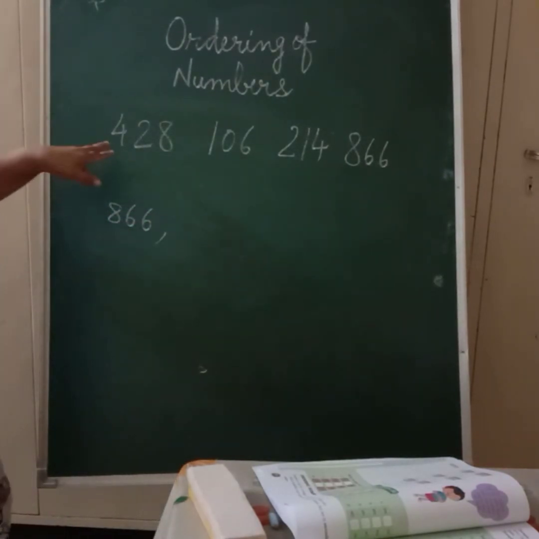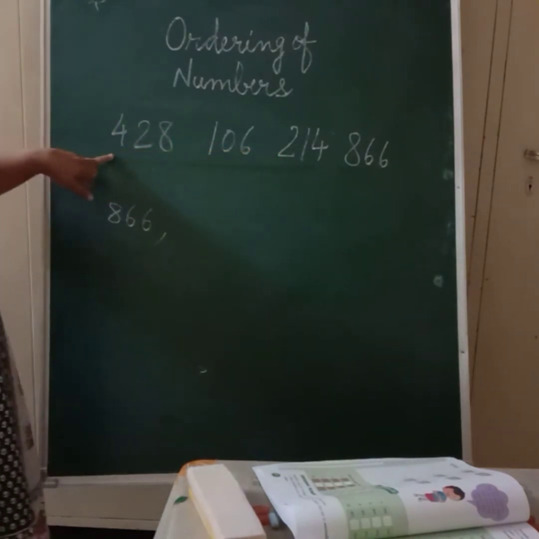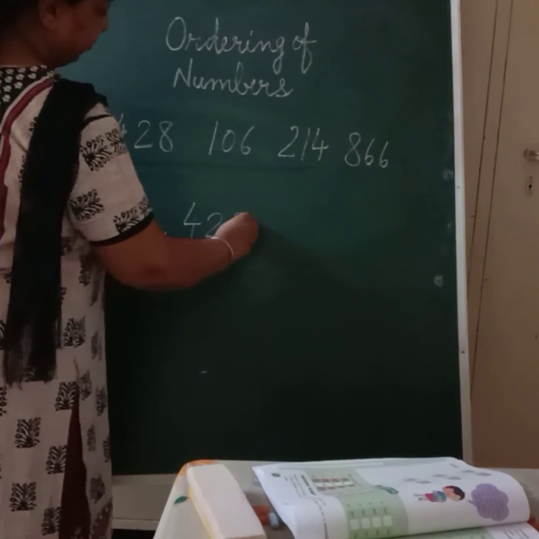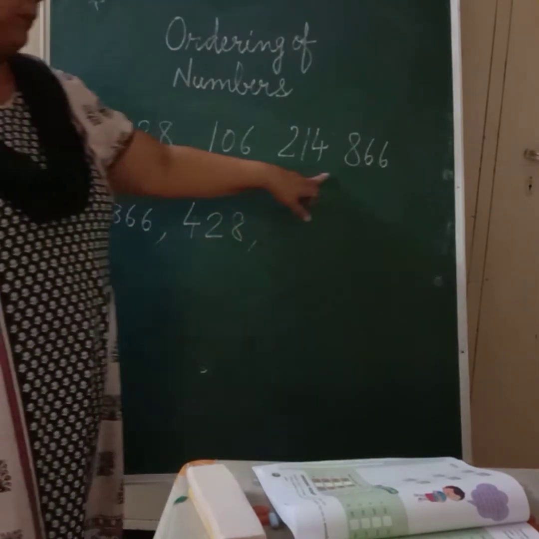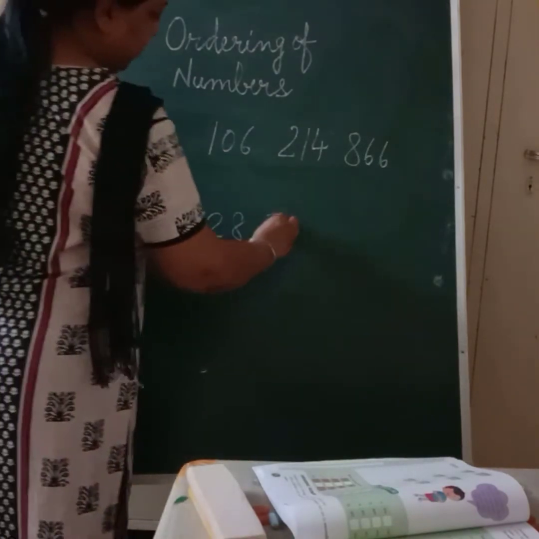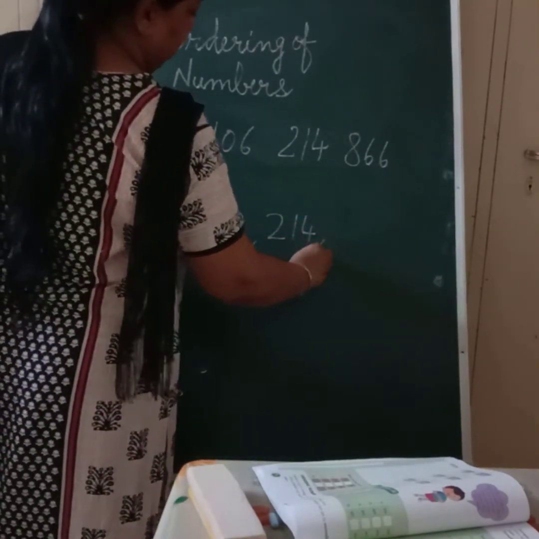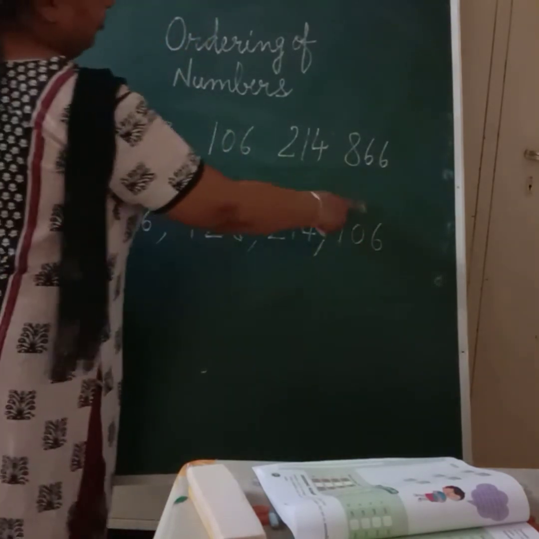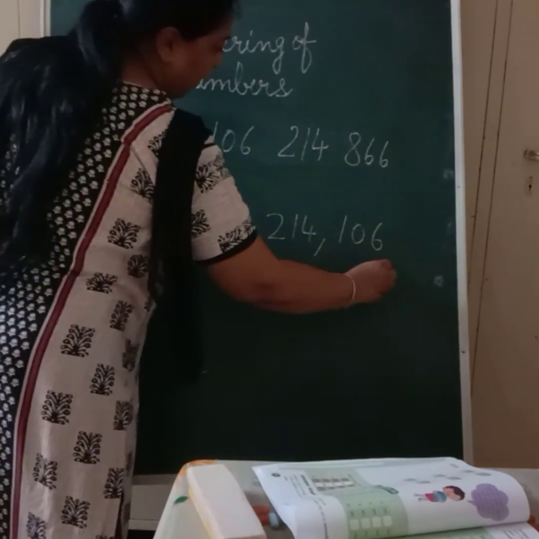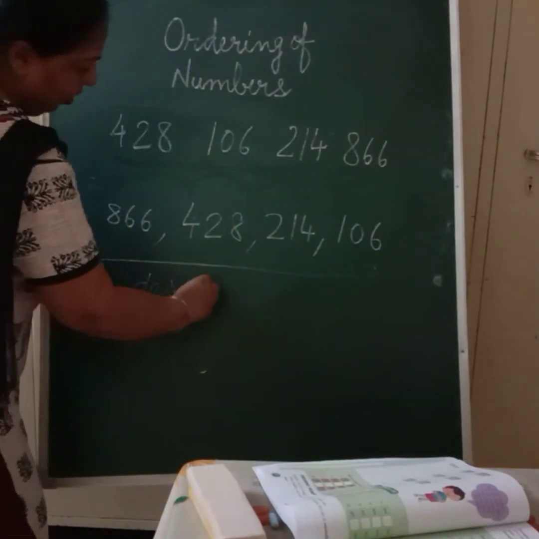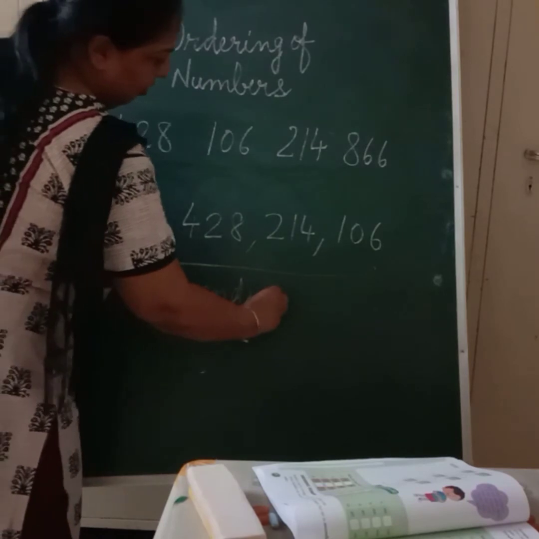Now leave that. अब 3 आपके पास है. किसका 100 बड़ा है? Oh, 4. 428. Now 2 आपके पास है. 100, 200. तो definitely 200 बड़ा है. ये ऐसा हो गया. So बड़े से छोटे की तरफ जाएंगे. So that is called descending order.